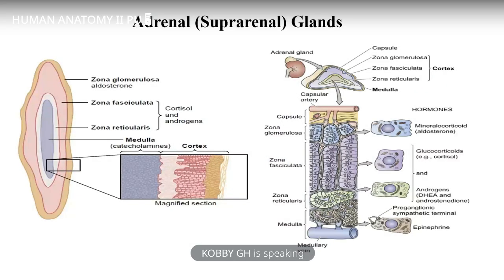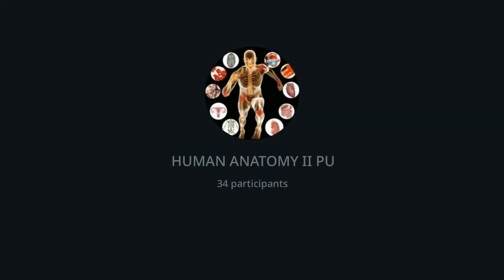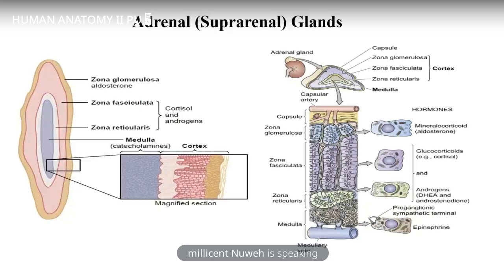Okay. Which part of the adrenal gland produces glucocorticoids? Zona fasciculata. Which part of the adrenal gland produces androgens? Zona reticularis. Listen to this question.